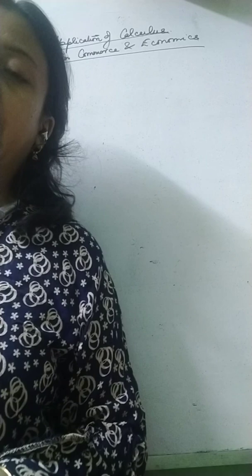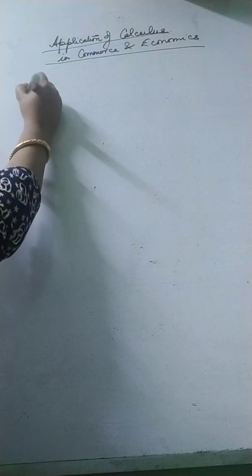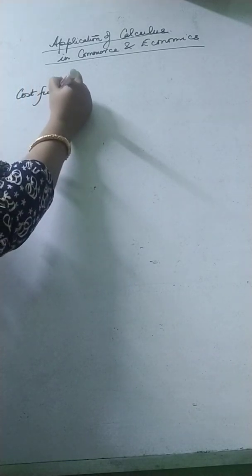So we are going to see how calculus is going to be applied in the commercial scenario. And under this, the first term that is involved is the cost function, which is nothing but the expenditure involved in setting up a manufacturing unit.